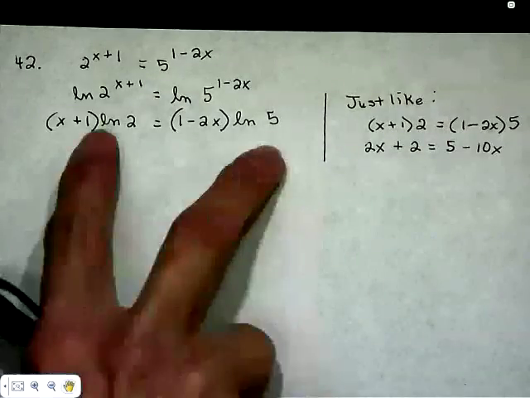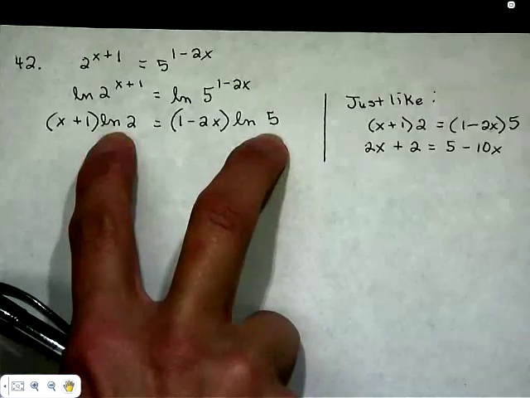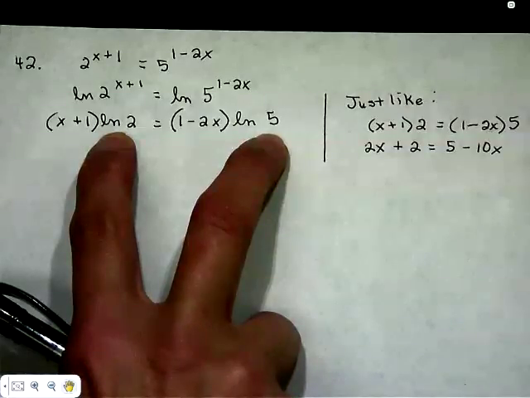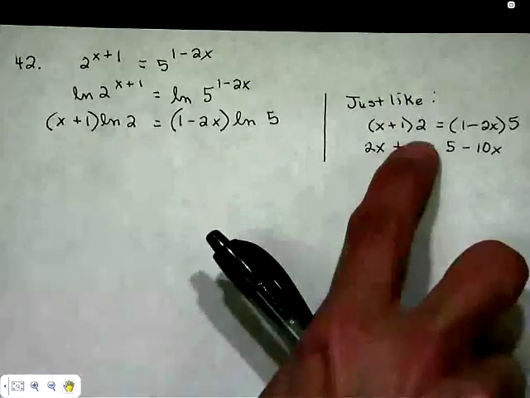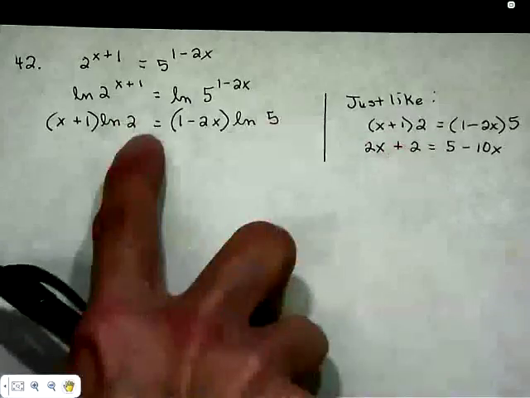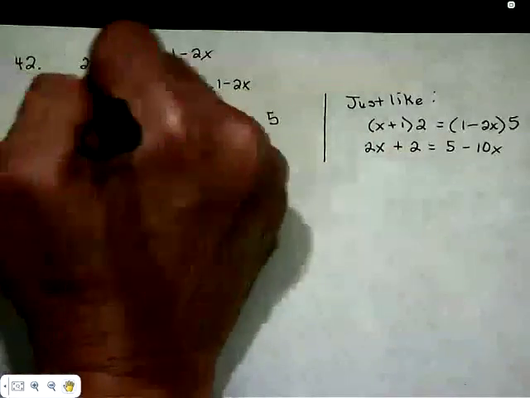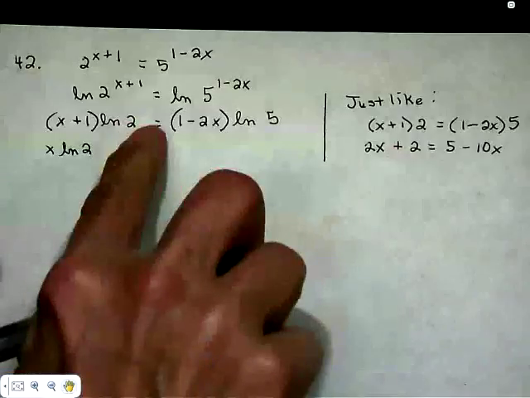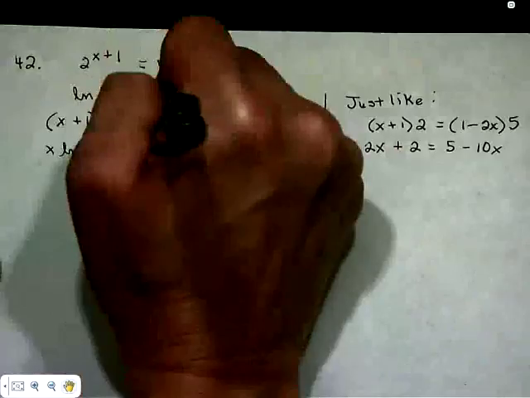That's exactly what I need to do over here. Natural log of 2 is just a number. I don't know exactly what it is, but it's just a number, and I can distribute it just like I distributed this 2. I can say natural log of 2 times x is x natural log of 2, and natural log of 2 times 1 is natural log of 2.